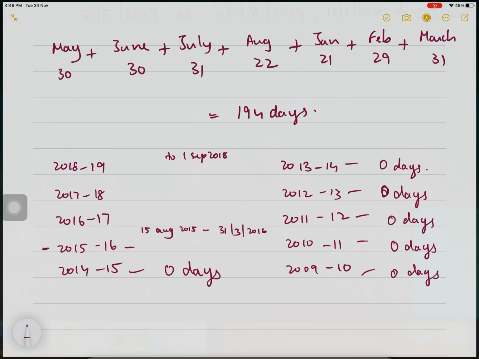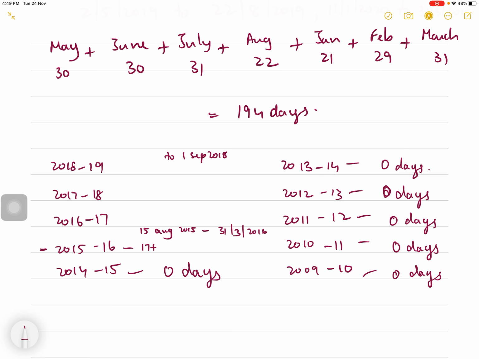So August 17 days, September 30 days, October 31 days, November 30 days, December 31 days, January 31 days, February 2016 is a leap year so 29 days, and March 31 days.